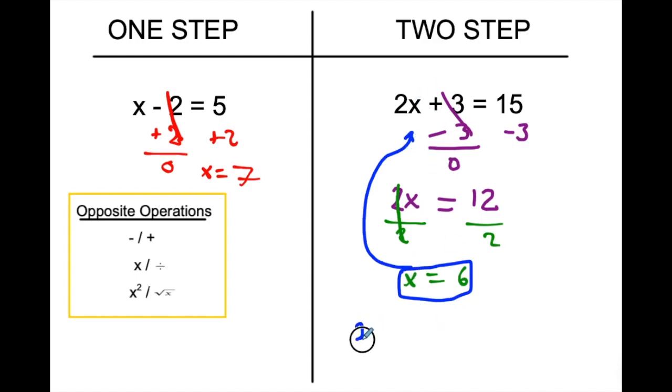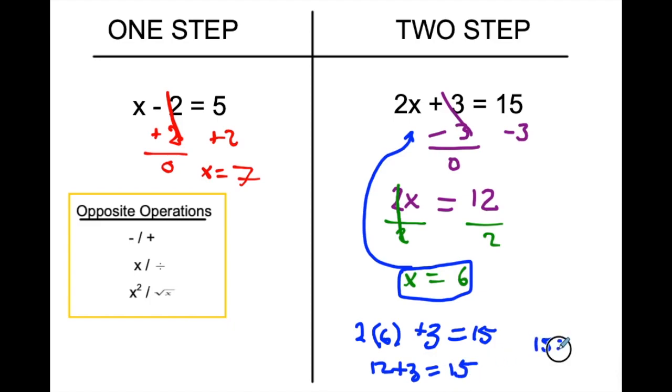So this is 2 times 6 plus 3, and it should equal 15. Now, of course, we're working with actual order of operations, so let's do multiplication first. 2 times 6 is 12 plus 3. Does that equal 15? Son of a gun, yes it does. 15 equals 15.